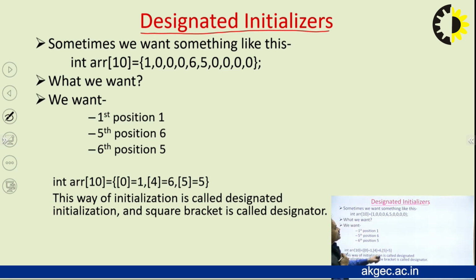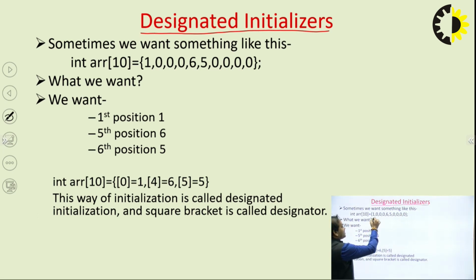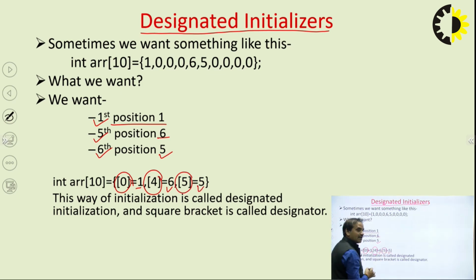Sometimes we want to insert at the first position 1, at the fifth position 6, at the sixth position 5. Then we write like this: A[0] = 1, A[4] = 6, and A[5] = 5. The rest of the elements are automatically considered as 0.